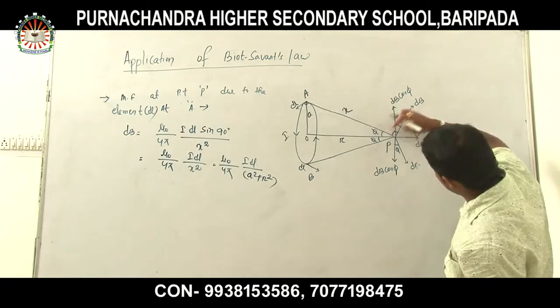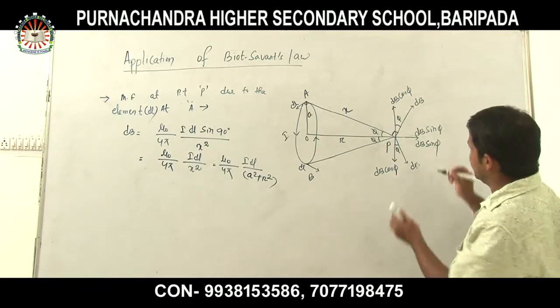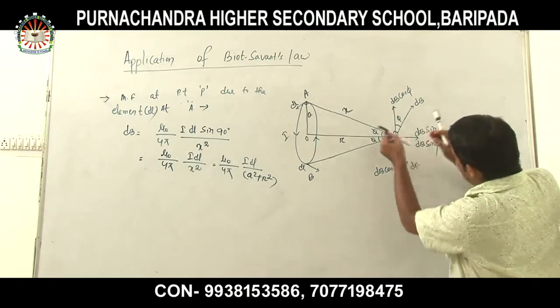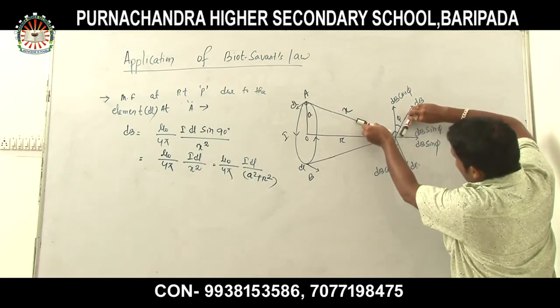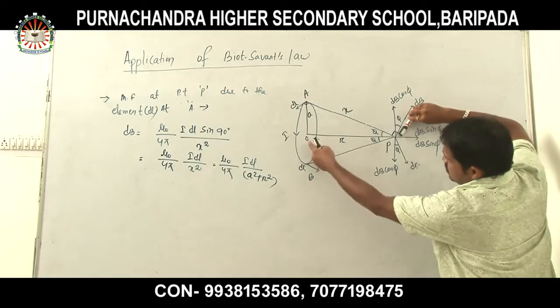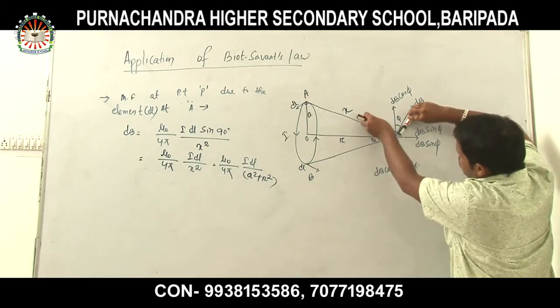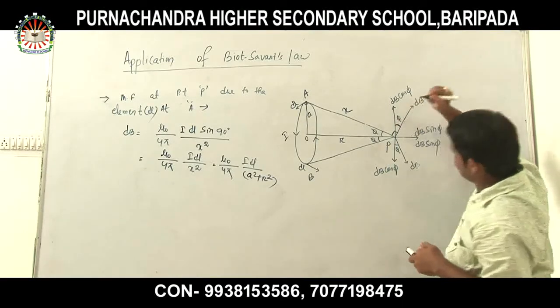So that's why, what do I have to do? Now this is your x, this is your dB. So how much angle do I have to shift? Phi angle, because this is your distance from the center. So now if I have the phi angle, then I will get this phi angle. Very simple.